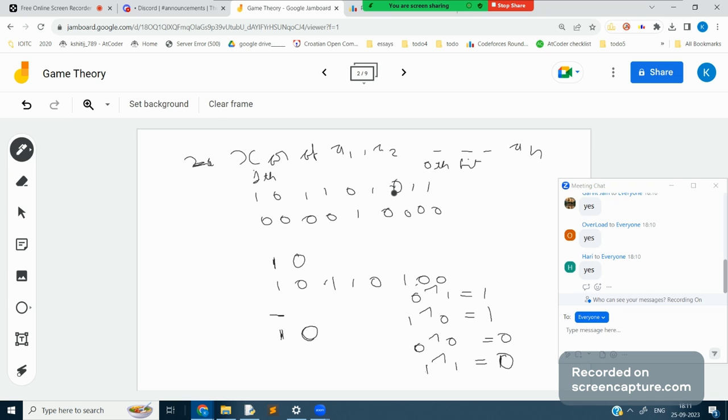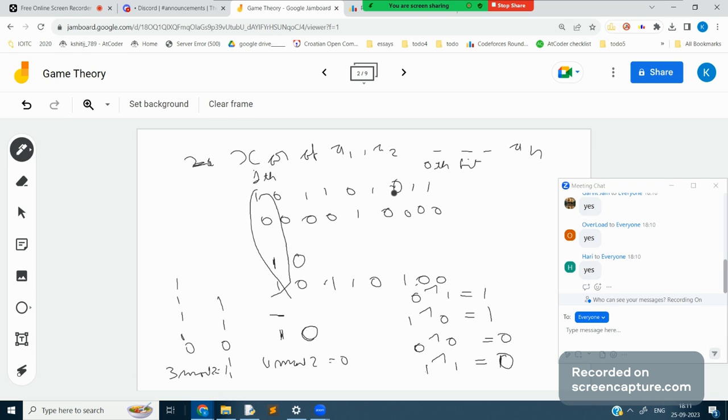So what you can do is take the sum of the values of the jth bit in all the numbers, and take it mod 2. If these are the values of the jth bit, the sum is 4, so 4 mod 2 is 0. So the jth bit will be 0. If say there are 3 ones and 2 zeros, the sum will be 3, and 3 mod 2 equal to 1.